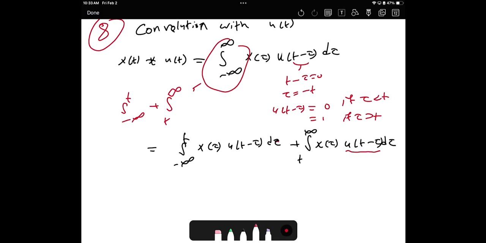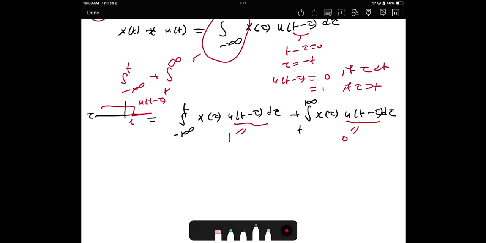For tau less than t, this makes it 1, and from t to infinity, this will make it 0. Again, we can imagine this as a step input reversed. This is u of minus tau, but the axis is tau, not t. And here, t is now a point, a constant, while tau is the variable.